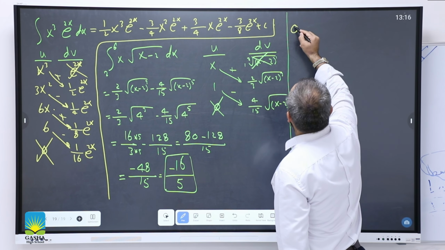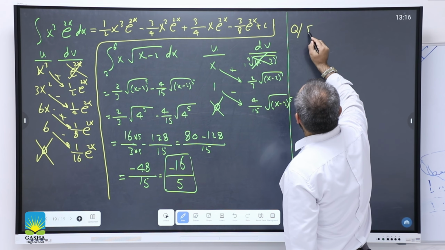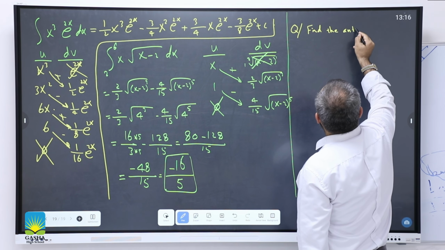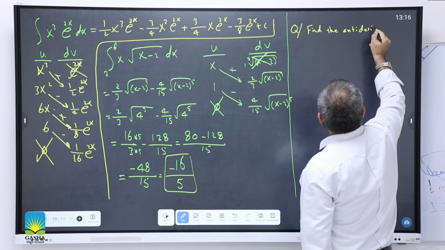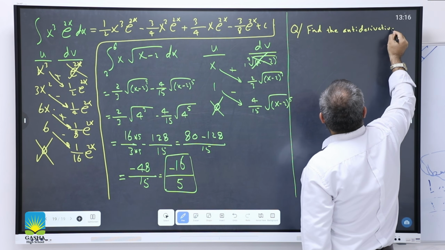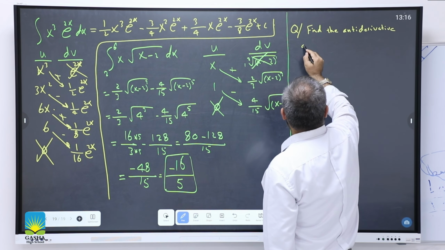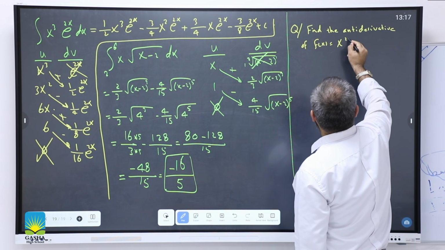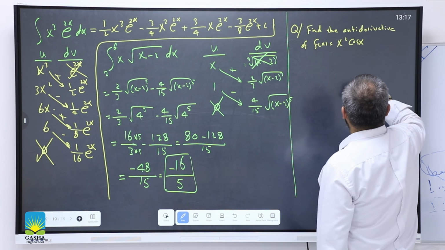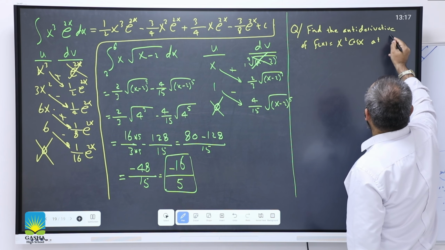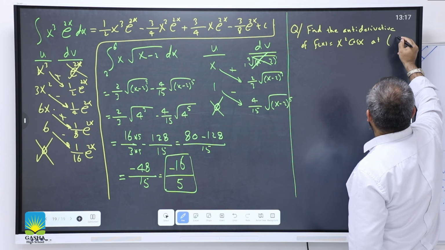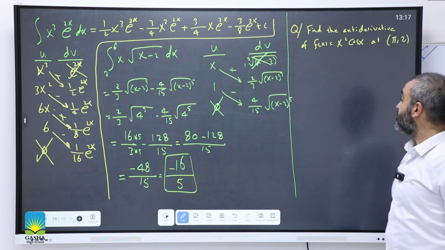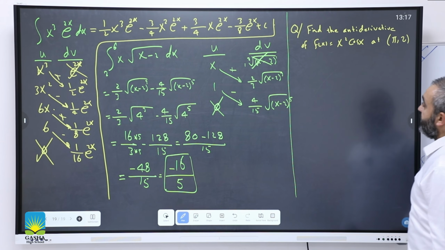We have a question: find the antiderivative of f of x equal to x squared cosine x at the point pi and 2, right? What is the antiderivative?